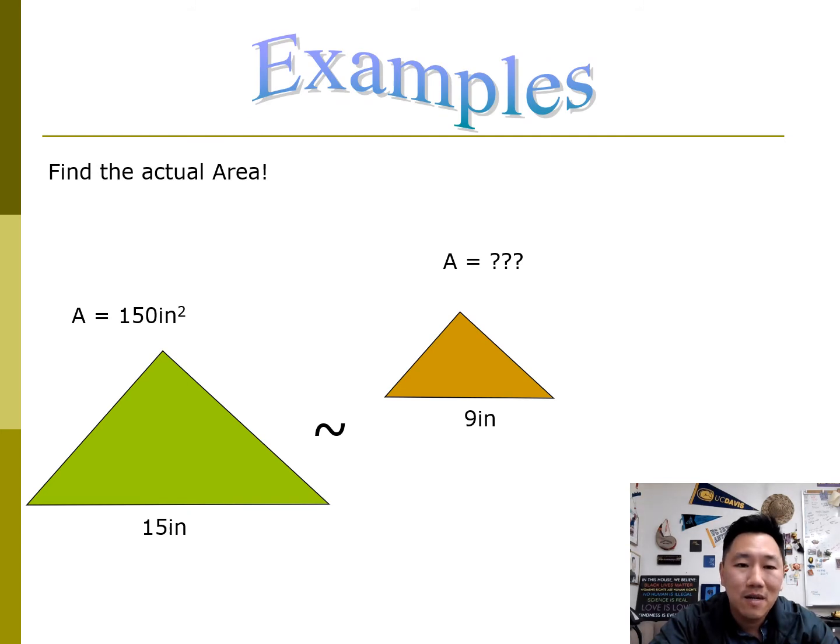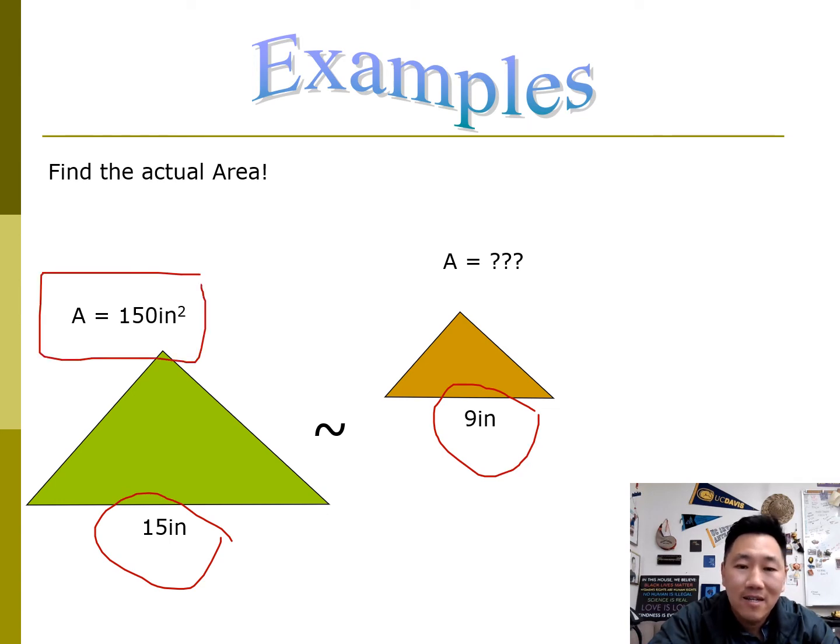Let's do some examples where you actually have to find the area. So this problem gives you the big triangle with base 15, the small triangle with base 9, and they tell you the area of the big one. You have to find the area of the small one.